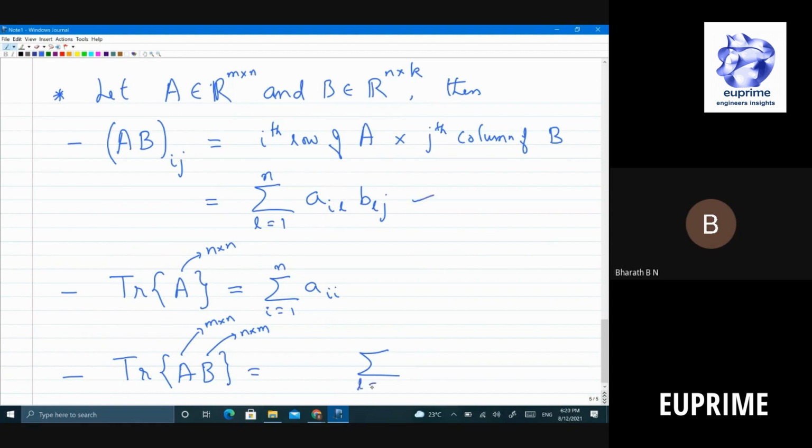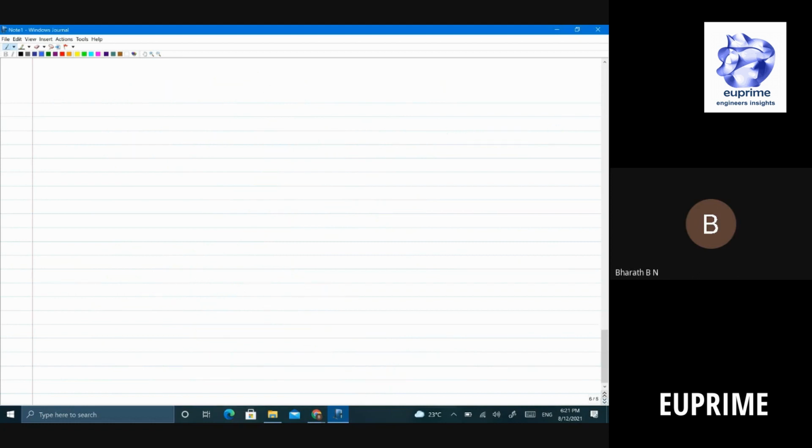So sum over l equal to 1 to n of A_il B_li, not j. This will give me the ith diagonal entry, and then you sum over all i, i equal to 1 to m. This will give me the trace. So keep this in mind. Get used to these things. Almost trivial, but you should get used to it.